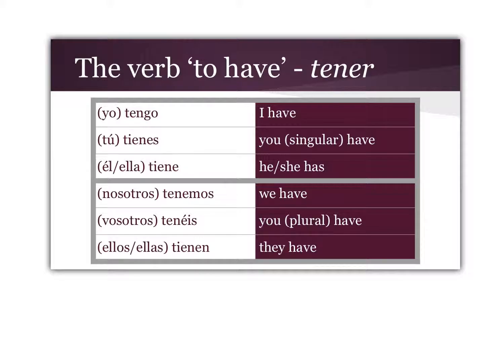We also need to think a little bit about why the verb is set out in this particular way. We look at 6 persons when we learn to conjugate a verb in Spanish.